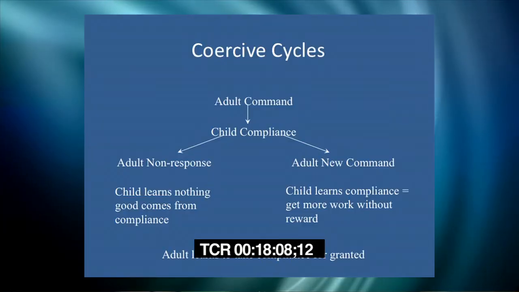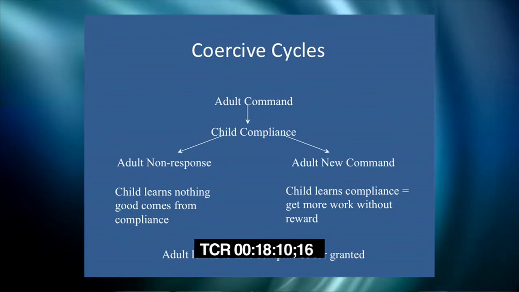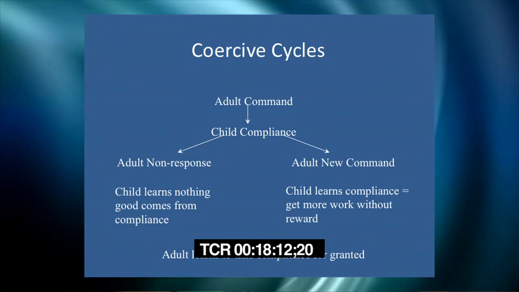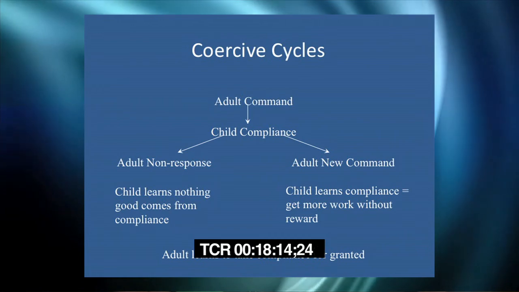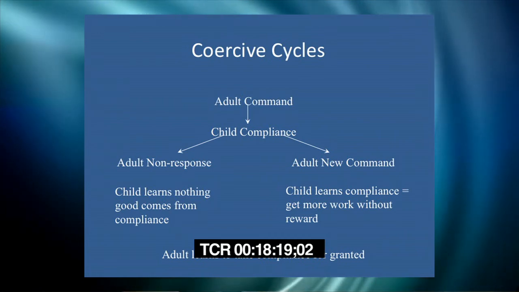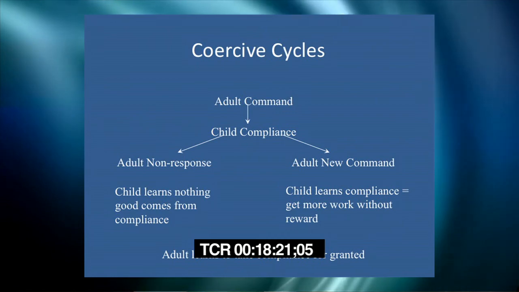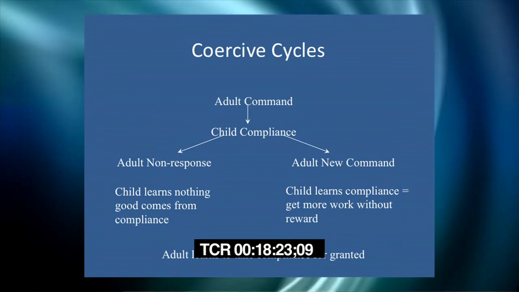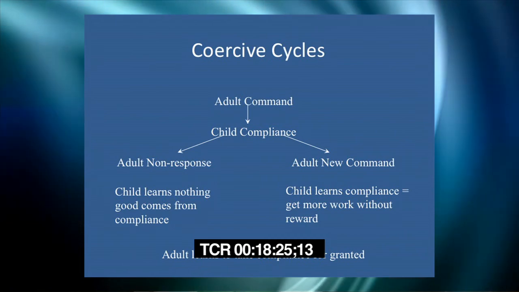So the adult gives a direction or a command, the child does it, and then the adult either doesn't respond or issues a new command. So let's quickly break this down into our ABC cycle. What's the antecedent here? Command. The parent gives a command. The behavior is the child complies or does it.